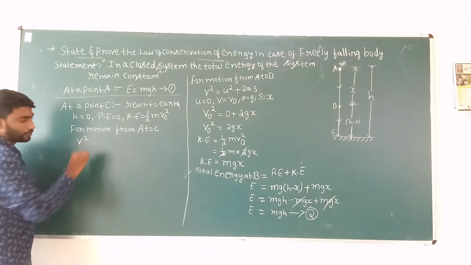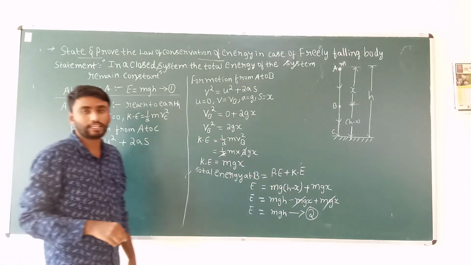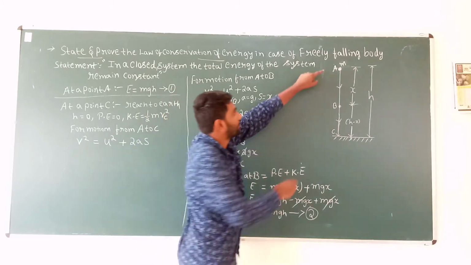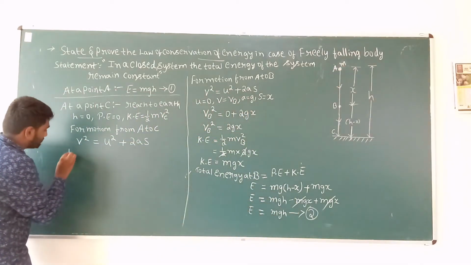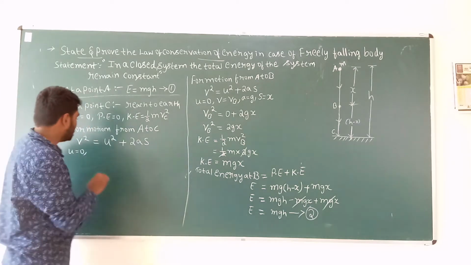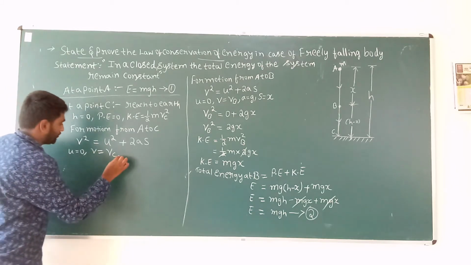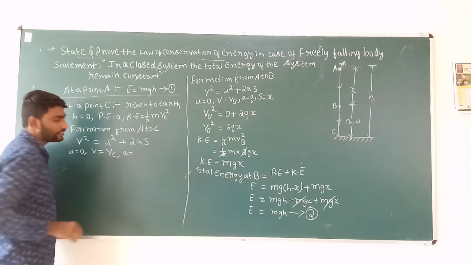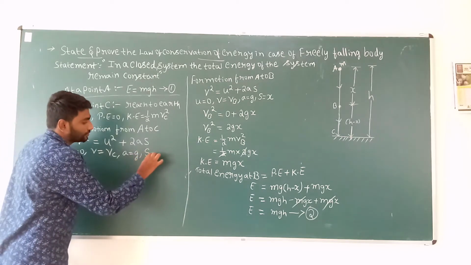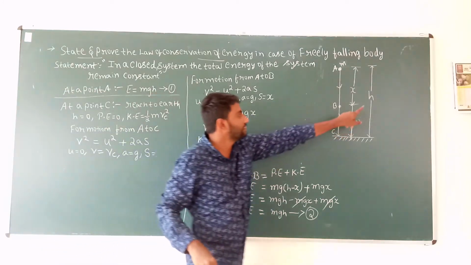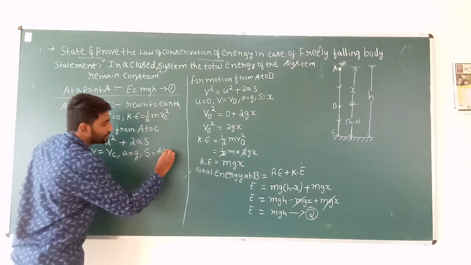we use the linear equation v square equals u square plus 2as. For the motion from A to C, the initial velocity u equals 0. The final velocity v equals vC. The displacement s from A to C is h.